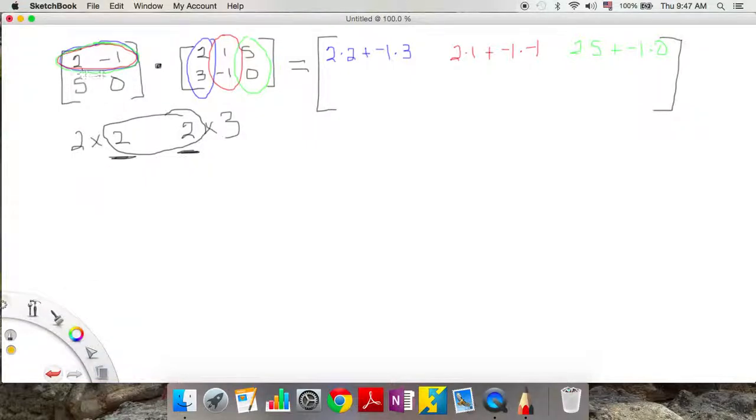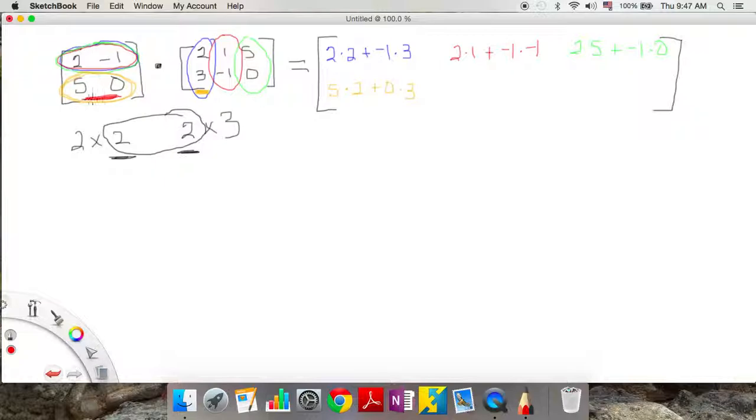Now for the second row here, if we want the second row with the first column, then we multiply the second row, and we multiply those entries just like we did before, and then add them up. And I'm out of colors, so we'll have to just go with the same ones, I guess.